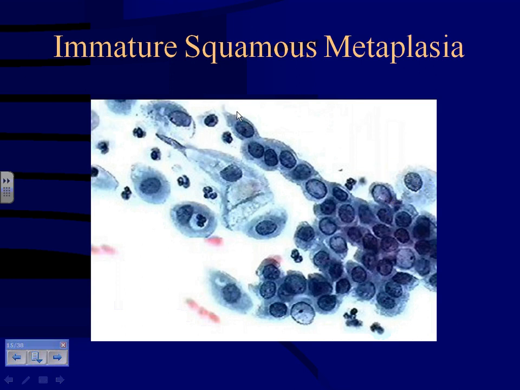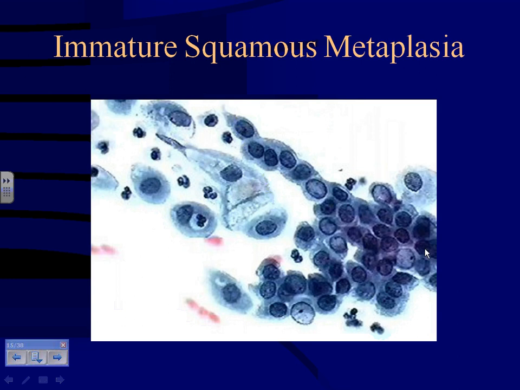And some of these cells out to the edge here are starting to look like squamous metaplasia just because of the way they're starting to appear. They have a little bit of a polygonal shape to them, this little tail of cytoplasm that they sometimes get. And the cytoplasm looks a little darker.